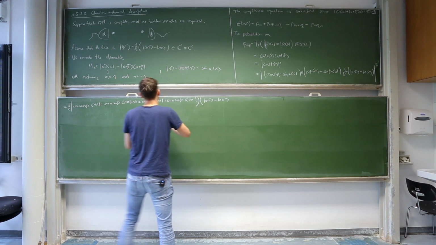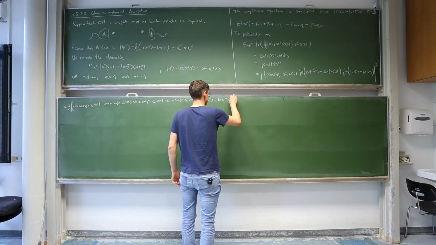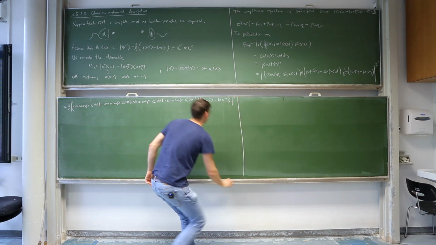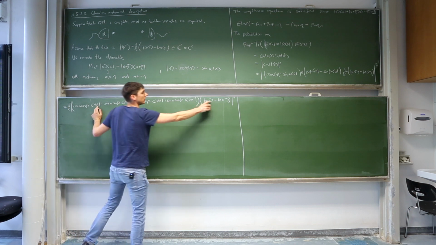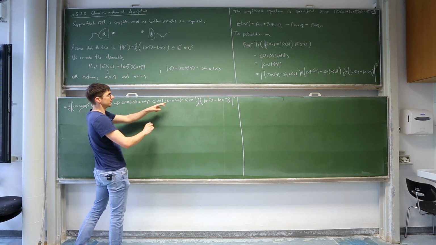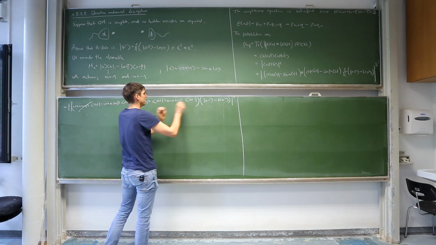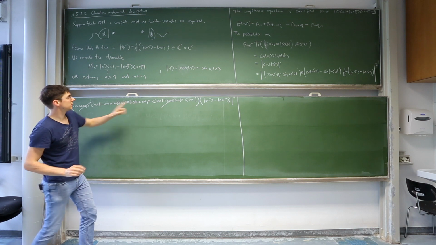Okay, put this in parentheses. Modulus square. Okay, and then we see here, 1, 1 has no overlap with this, so this cancels. Then the same holds for 0, 0, no overlap here. The only terms which remain are this and this one.